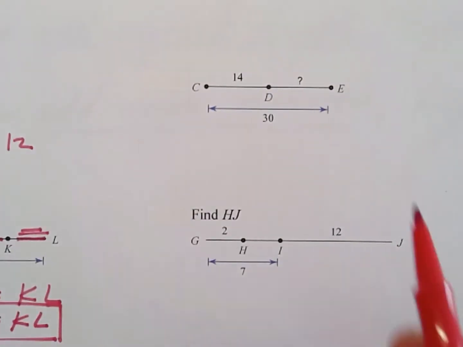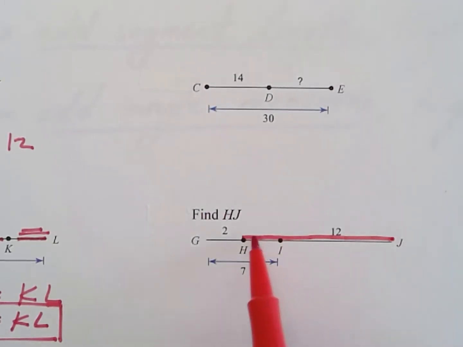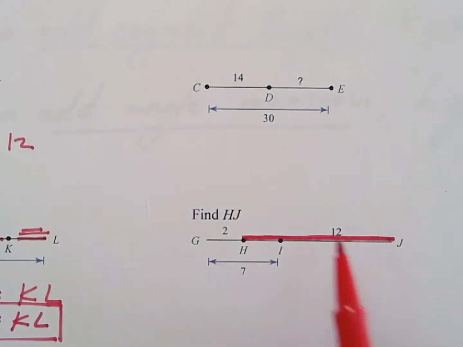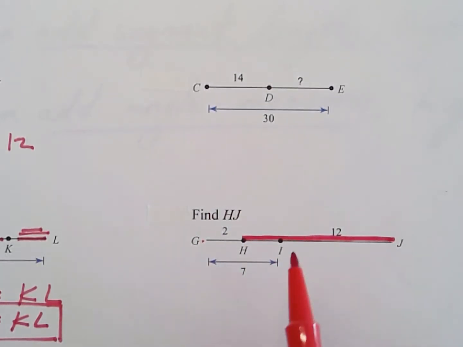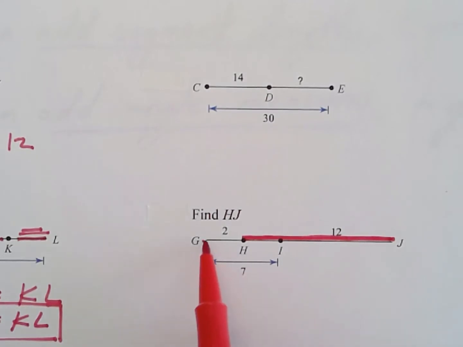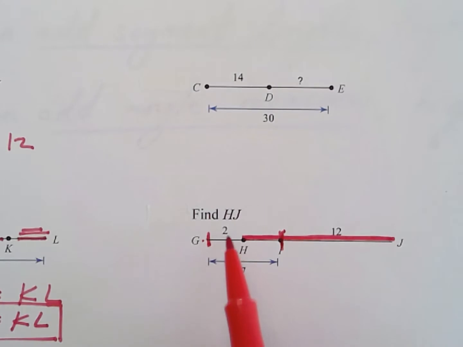Here, I want to find HJ, which is from here to here. Notice these are just getting a little bit more complicated each time, but it's the same thing. And I know that this bit is 12 and this bit is 2. From G to H is 2. So what can I find out here? Well, if G to I is 7 and that is 2, then what do I have left over?